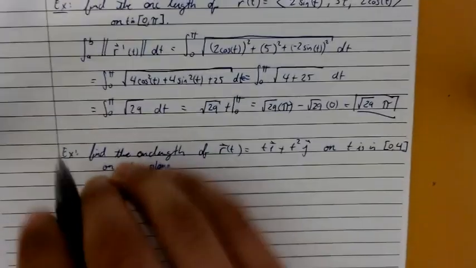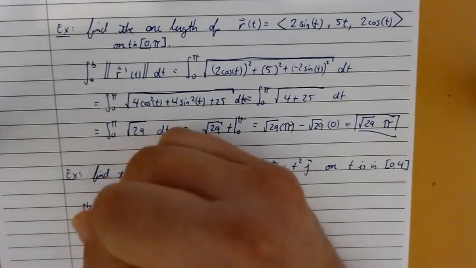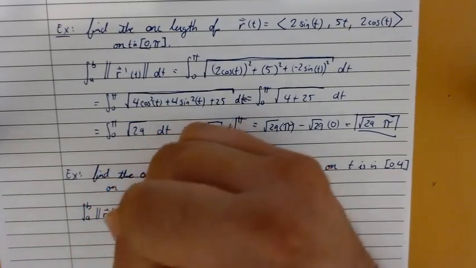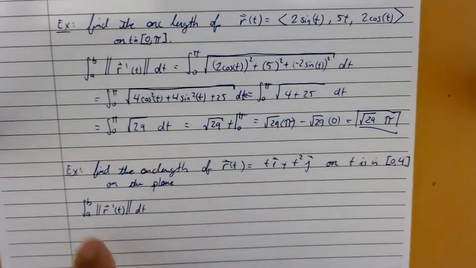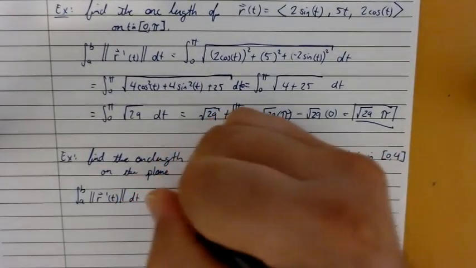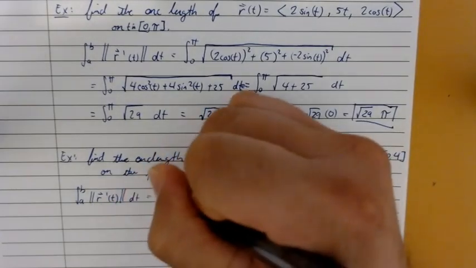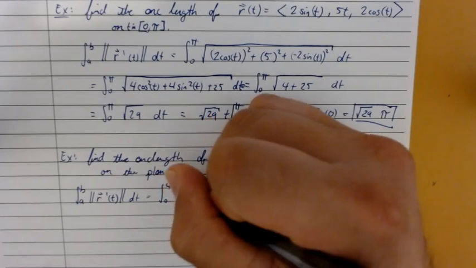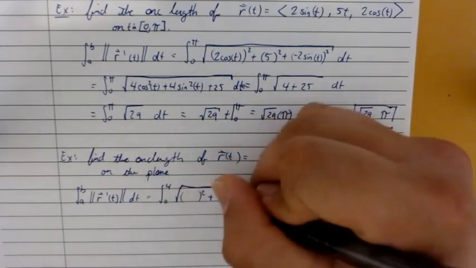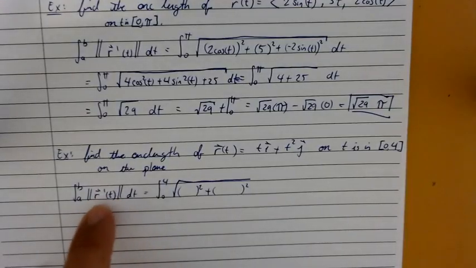All right, so as we see here, we want the integral from a to b of the magnitude of r prime of t. Take the magnitude and then integrate with respect to t. Well, that's going to be the integral from 0 to 4 of the square root of the sum of the squares of the derivative of r.